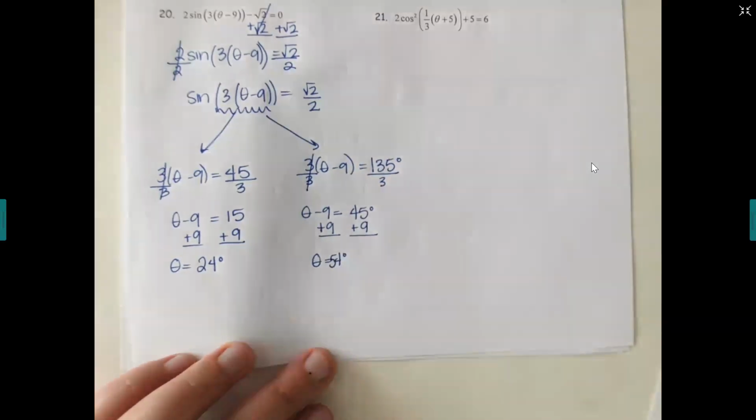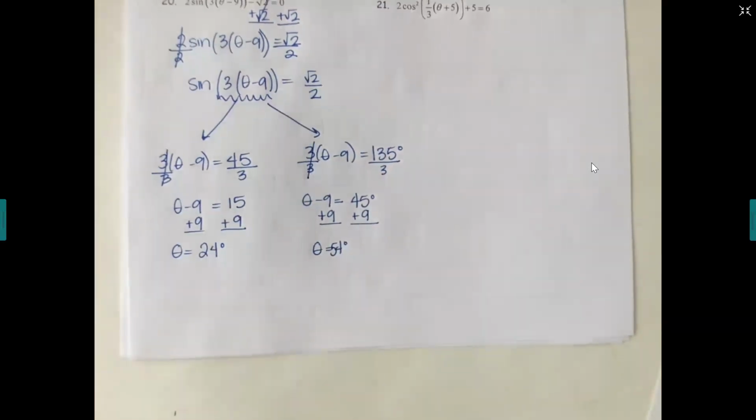Now, these are the correct values, but you're instructed to find a complete solution. And if you remember what we talked about, sine and cosine do the little wavy thing forever, so they're going to hit this same solution over and over and over again. So normally we add 360n because 360 is how long it takes the regular sine and cosine graphs to repeat.